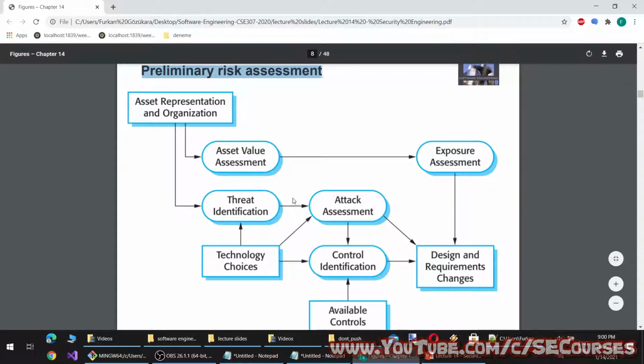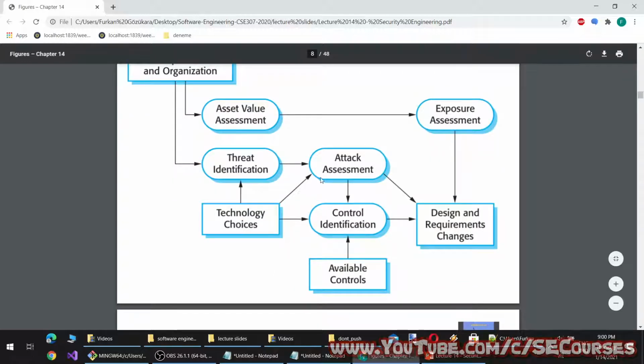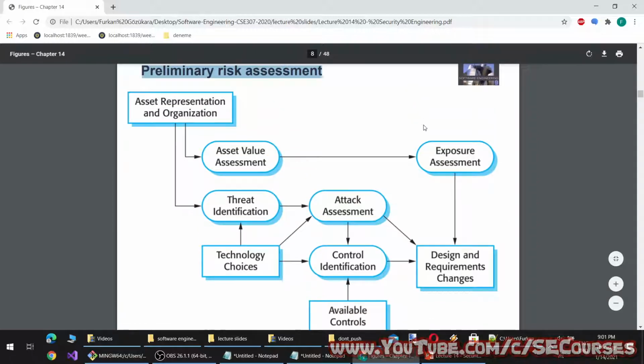Threat identification is attack assessment, and it takes technology choices into consideration. It is also used in attack assessment. Then control identification, available controls, and design and requirements changes. So you see these figures show which are being used by which control and system.